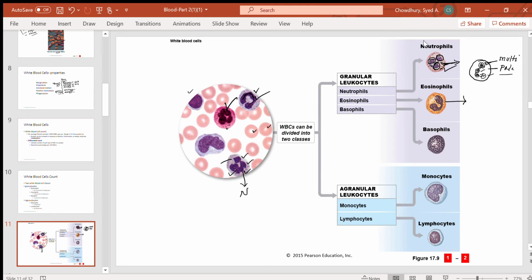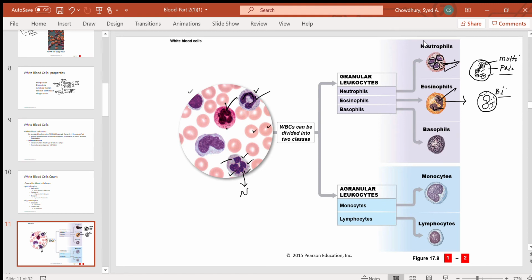What you will see, eosinophils are usually, the nucleus is bilobed. If you see here carefully, this is one lobe, this is another, two lobes. So bi, not multi. And this is very important.